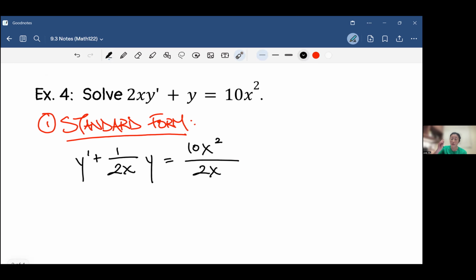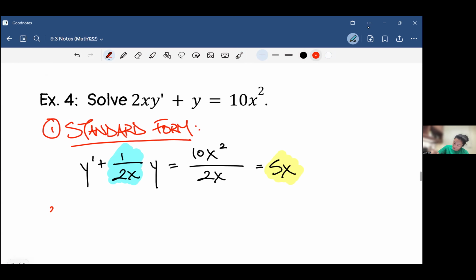So take the time to simplify. It will make your life easier. So this is really 5x. And so what this means is we've got our f of x over here and our g of x over here. Okay, so after we have our equation in standard form, then we got to find our integrating factor.